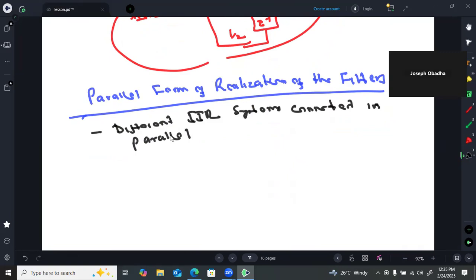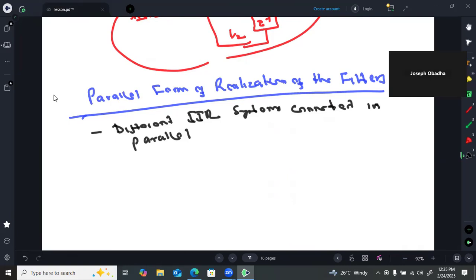So how do we connect them in parallel? If we have a given fraction, then we would obtain the partial fraction implementations to give us the different components that we need to implement.